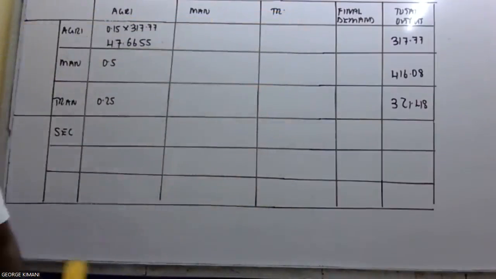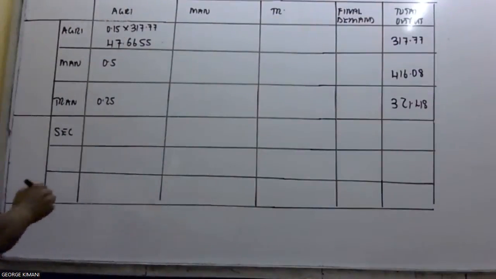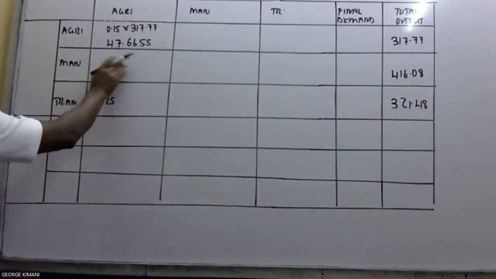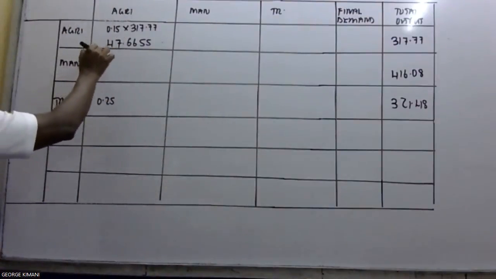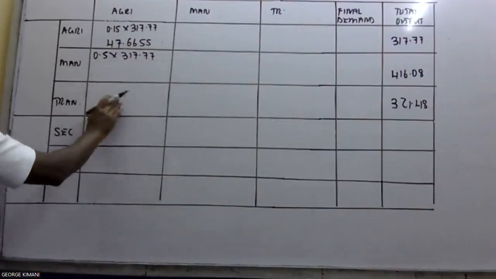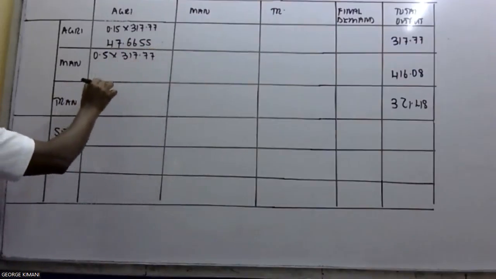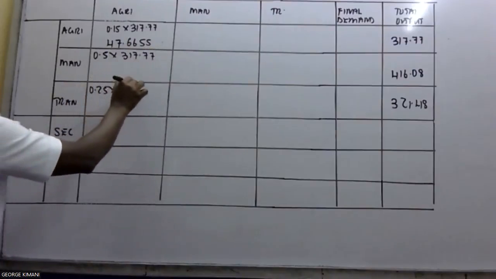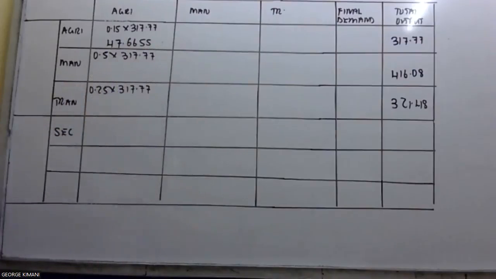I think now we are back. It is visible. Okay. Yes, it's visible. So now, this is 0.5 times 317.77. This will be 0.25 times 317.77.